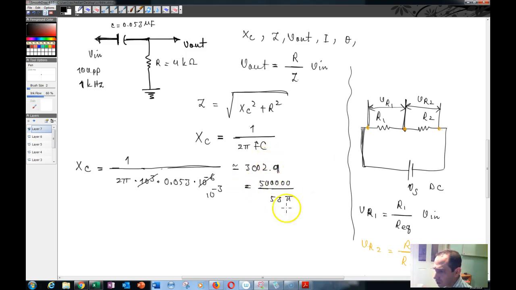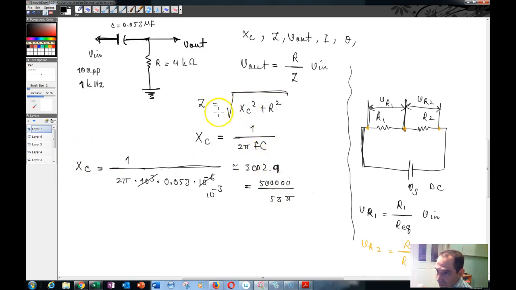Okay, so you can use this value all throughout your calculation without losing the precision on your numbers, because this number is actually the rounded version of this number. Okay, so that's basically x of c.